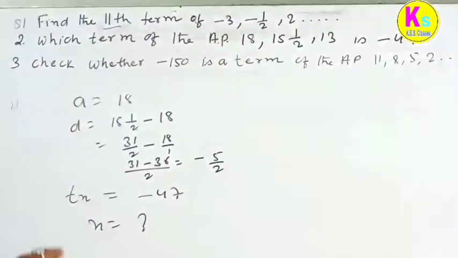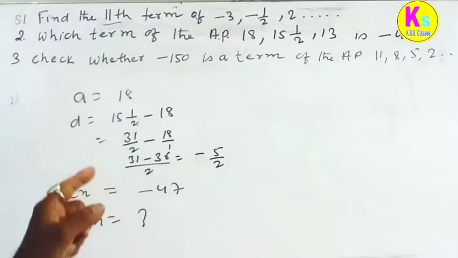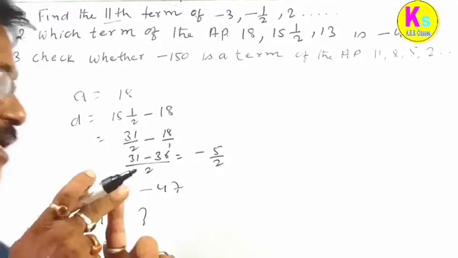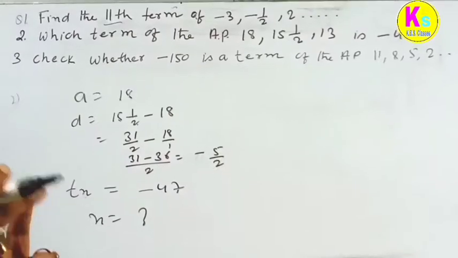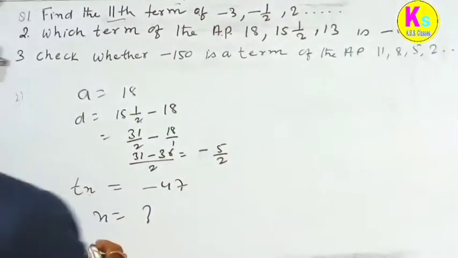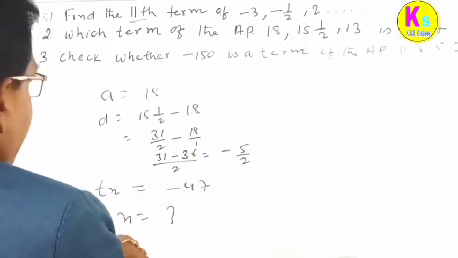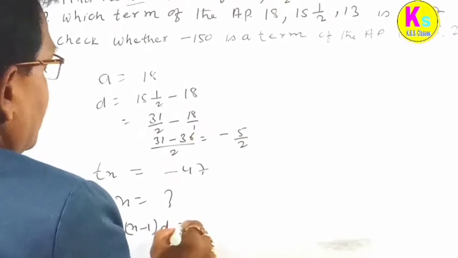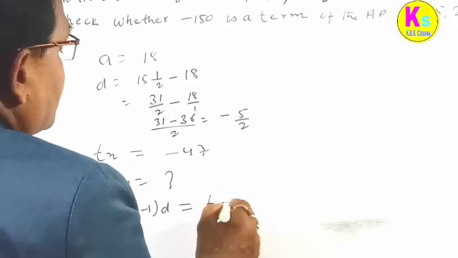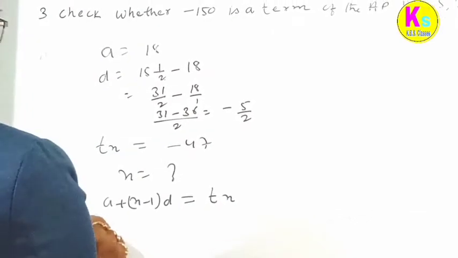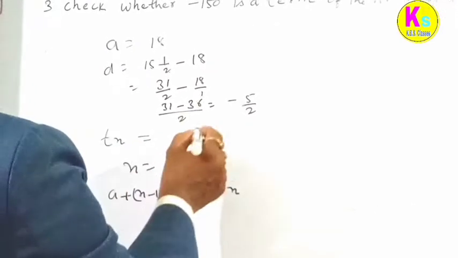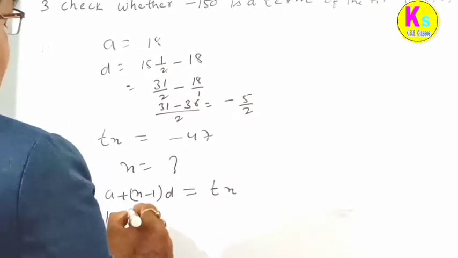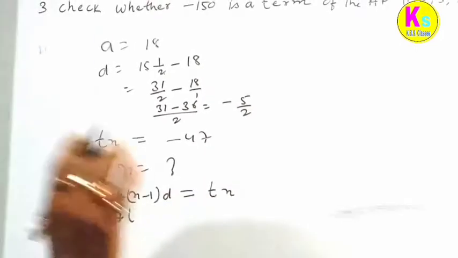Now we shall again use the same formula, because I have told you we have only two formulas, nth term Tn and Sn means sum. Here we write A plus n minus 1 into D is equal to Tn. Use the values here. A means 18, and n we don't know, we have to find out n.